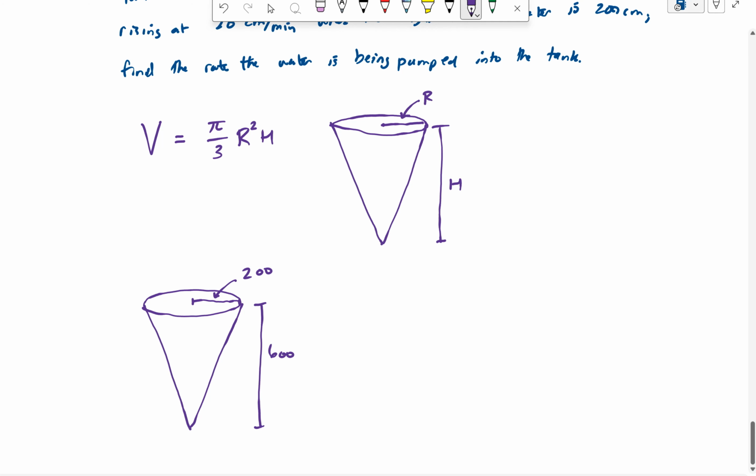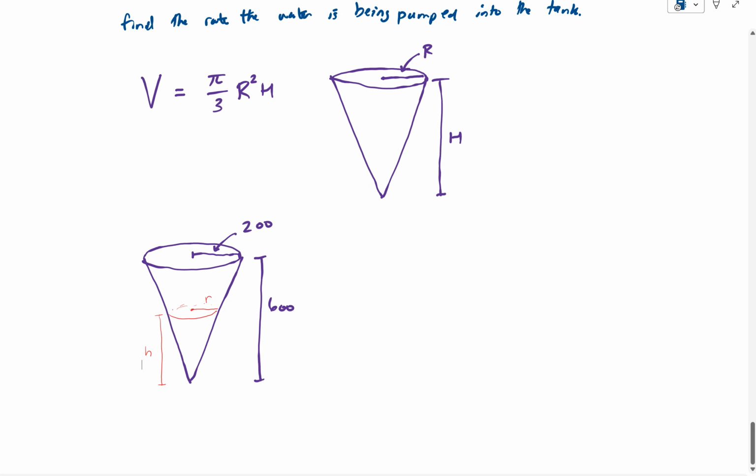But now we're going to be pumping some water into this. So we have here that there's some water level here, and let's call this little r and this little h. Now we're going to say the water is entering at some constant rate.